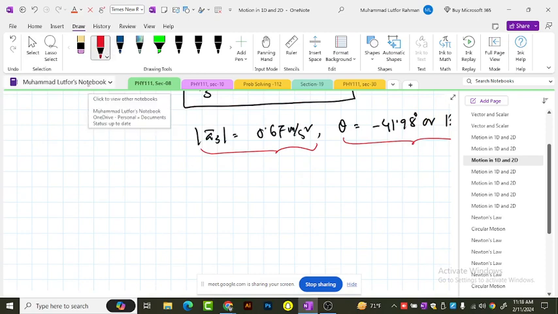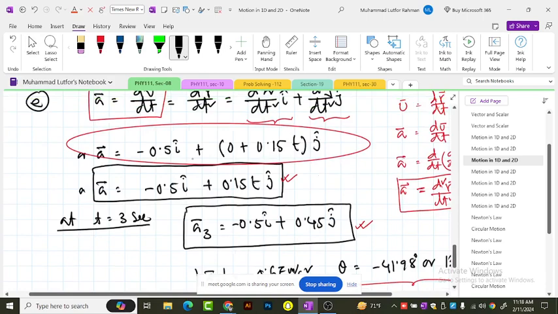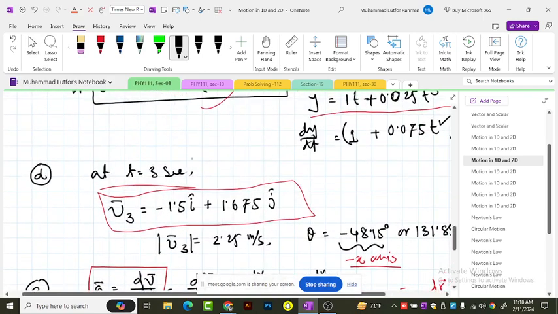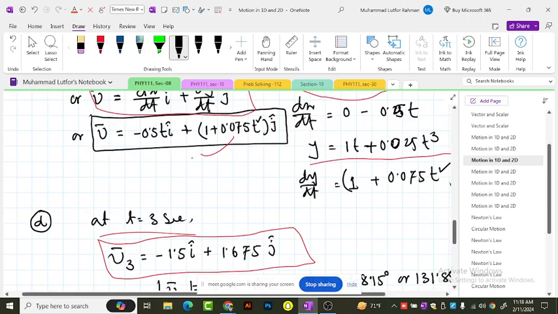Look at this, your velocity function is what? This is the velocity function, right?